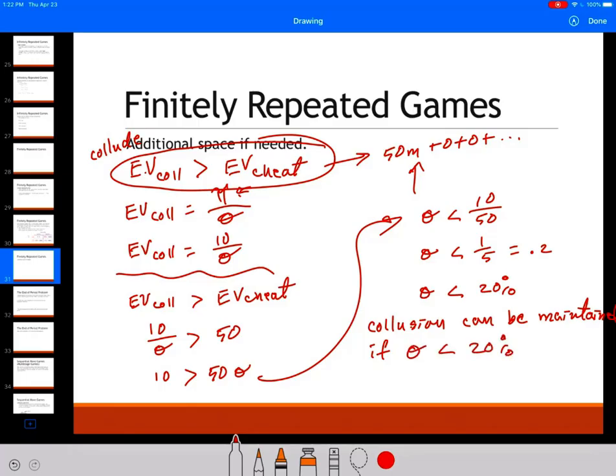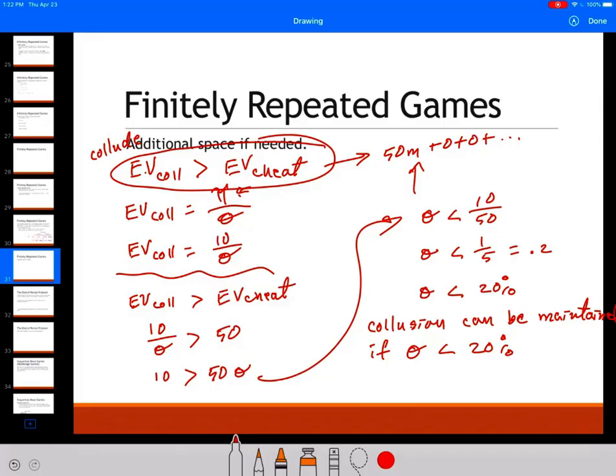That is, if the game seems like it's going to go on for a really long time, then it makes sense for them to collude because over time they can end up making higher monopoly profits, right? But if instead theta is really high, that is, there's a high probability that the game ends, then there's going to be more of an incentive for one of the firms to cheat on the other firm and take that $50 million payout because they know the game is going to end pretty soon.